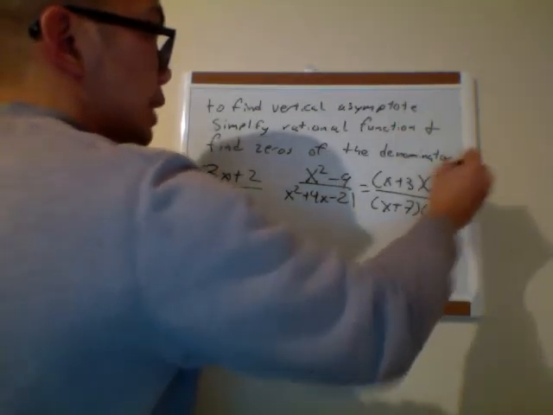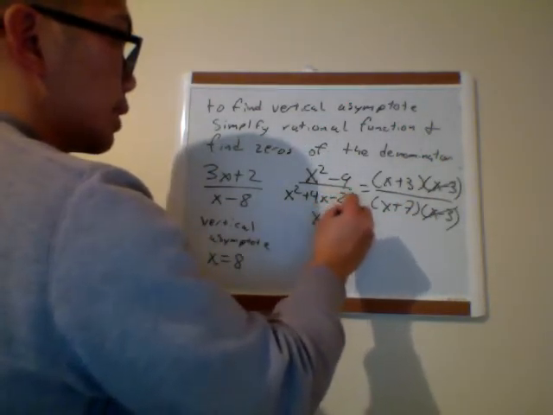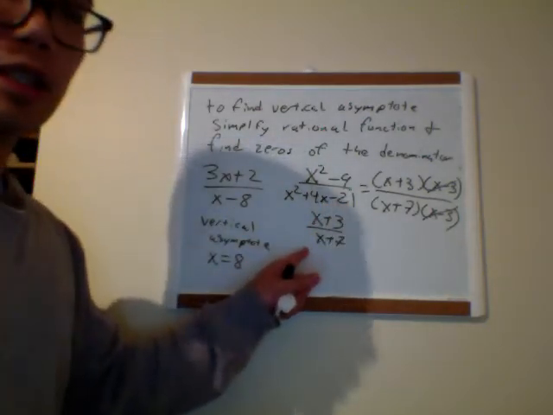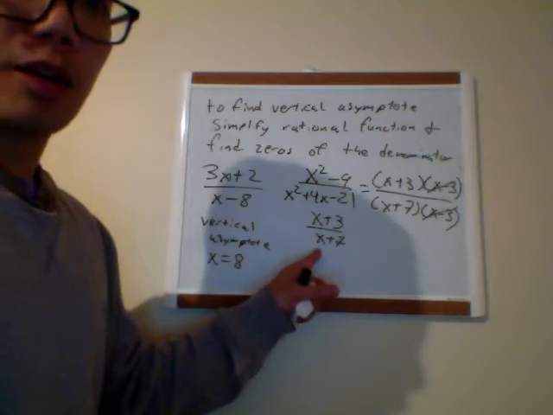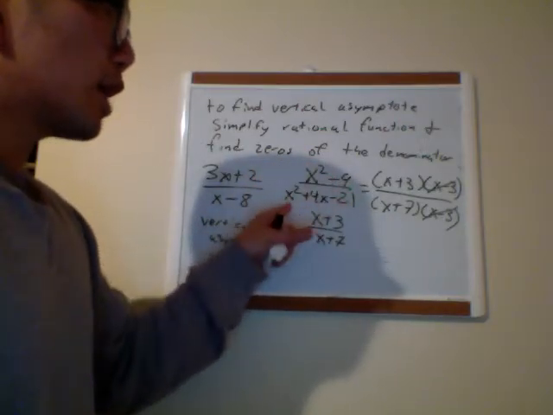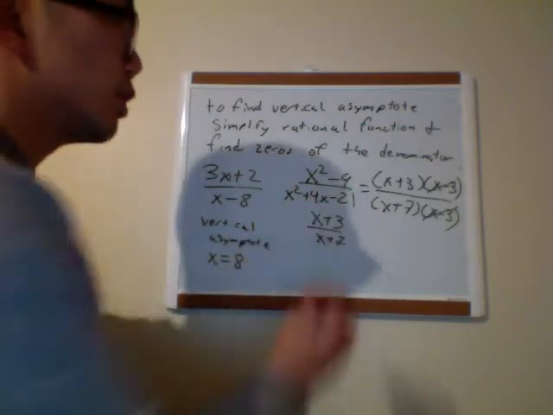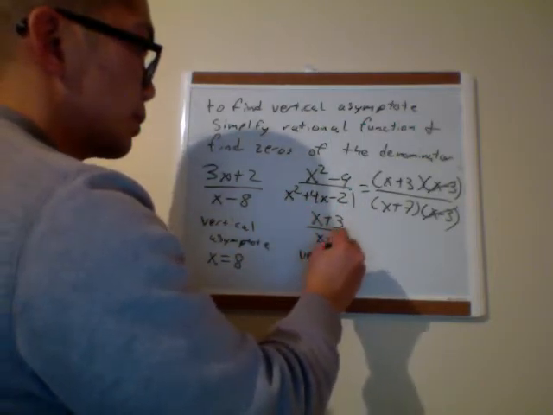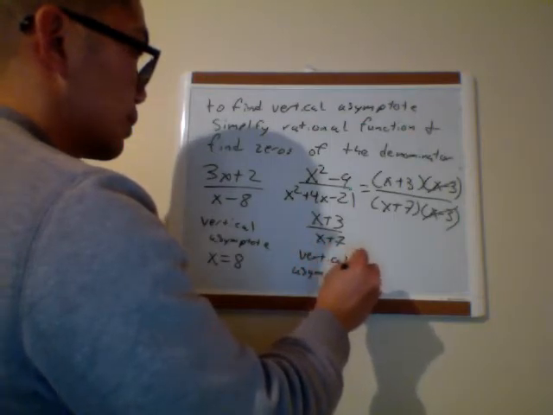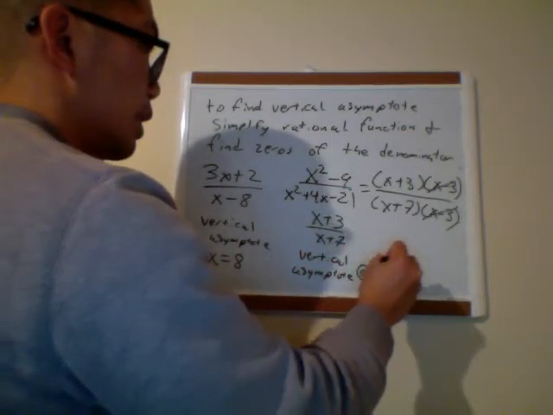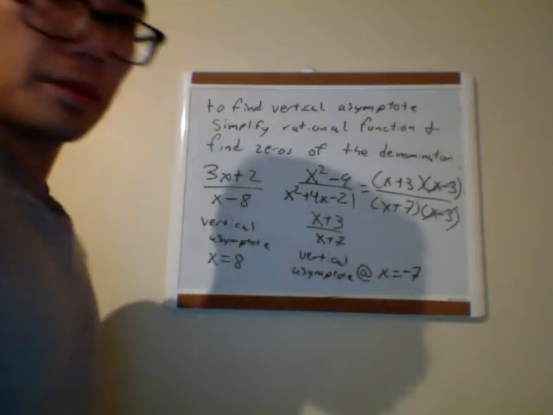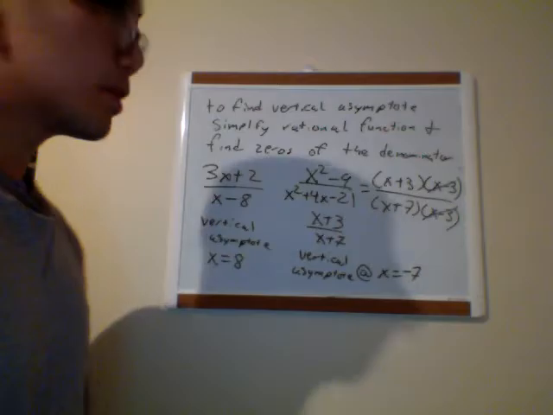The x minus 3's cancel, so you're left with x plus 3 over x plus 7. So you just find the zero of the denominator of the simplified rational function. So for x squared minus 9 over x squared plus 4x minus 21, you have a vertical asymptote at x is equal to negative 7. Okay.